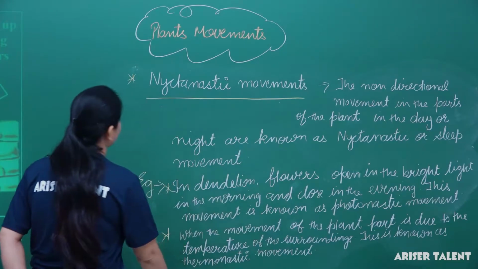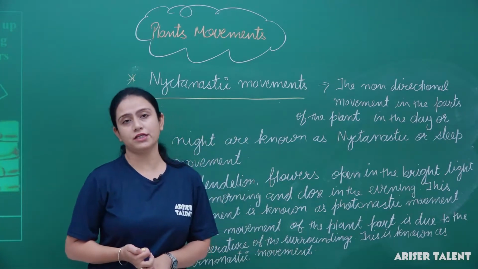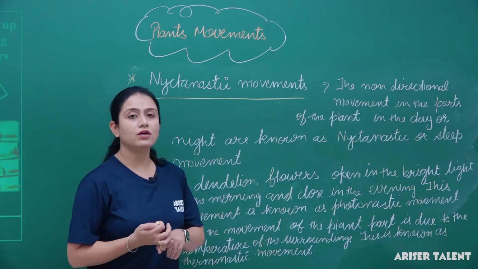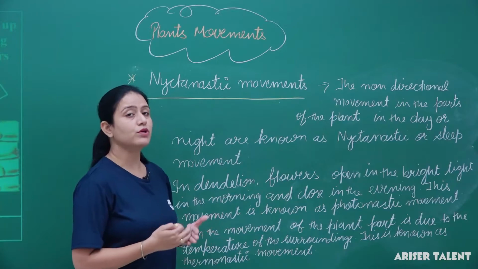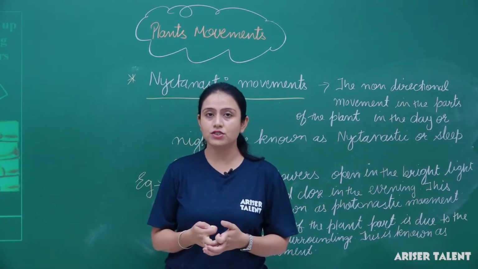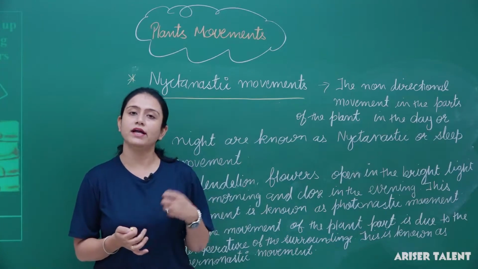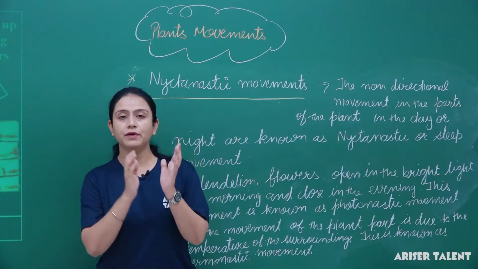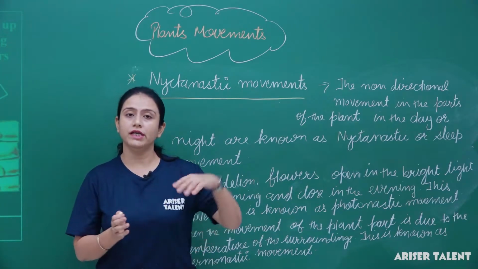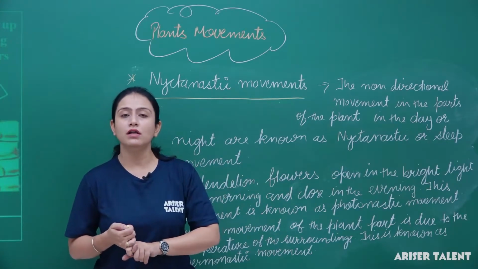Okay, so here we can say that nastic movements, which are nondirectional movements, are of two types. What are they? Seismonastic and nyctinastic. Seismonastic is due to touch, when the parts of the plant show movement due to the touch. And when the parts of the plants show movement in the day or night, they are known as nyctinastic or sleep movements.